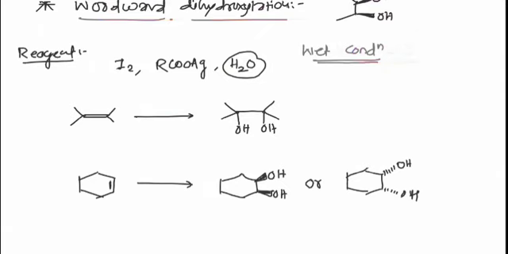So now the interesting part is the mechanism. Here this reagent is going to be used. The mechanism part is very interesting because it is also applicable to Prévost. So you know that all the double bonds are planar, and we are going to do the reaction with iodine now.